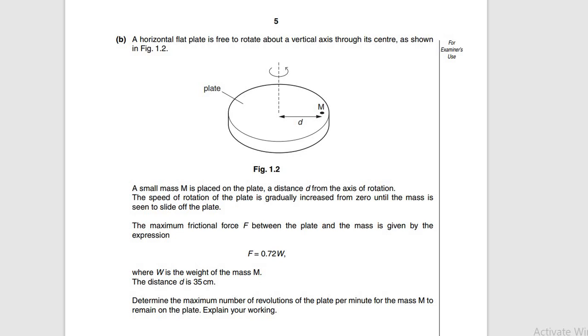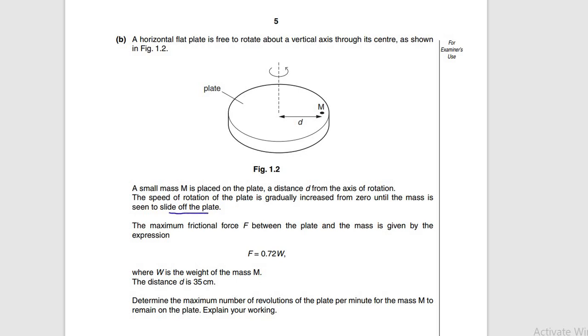It's placed at a distance d from the axis of rotation, the center. The speed of rotation of the plate is gradually increased from 0 until the mass is seen to slide off the plate. They are increasing the speed gradually until the mass slides off this plate.